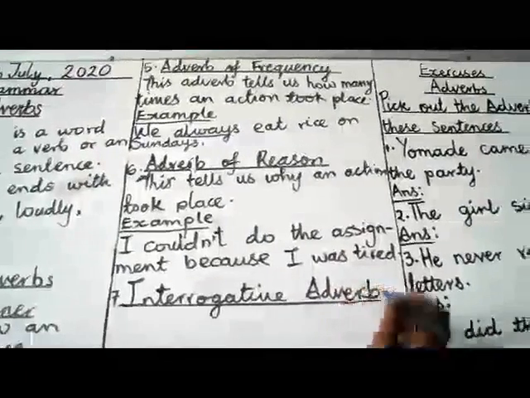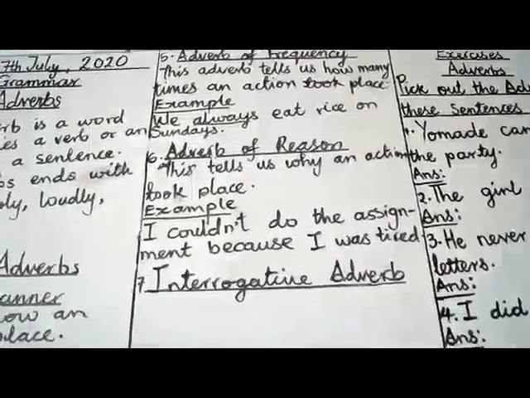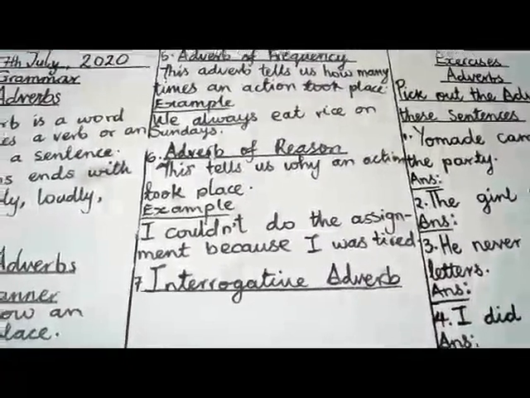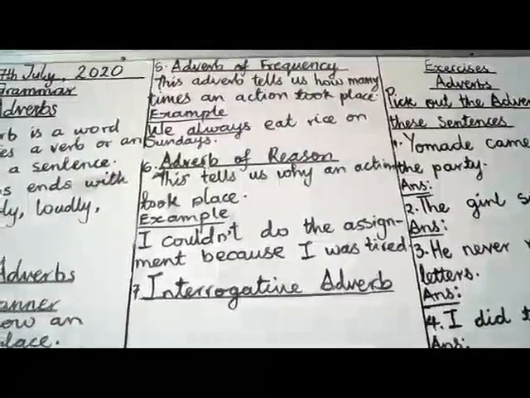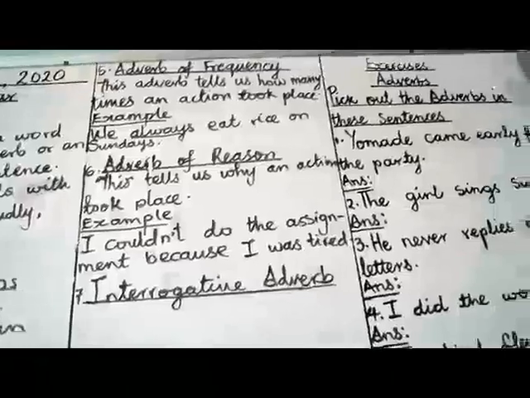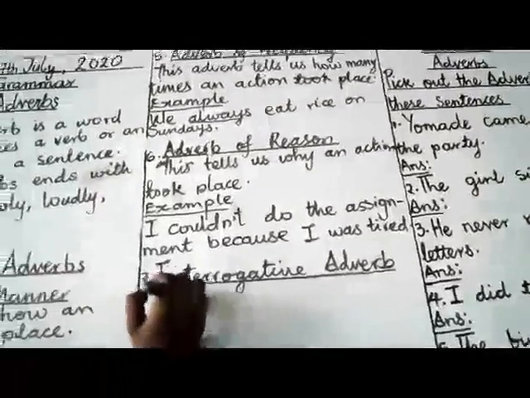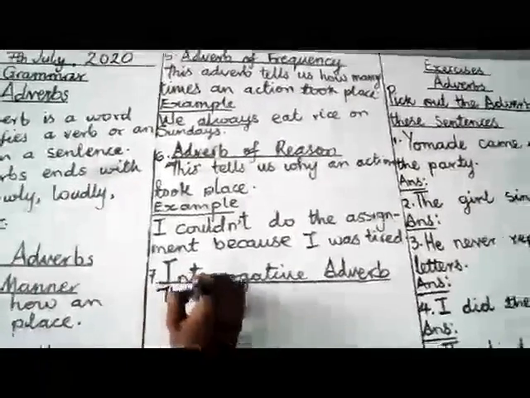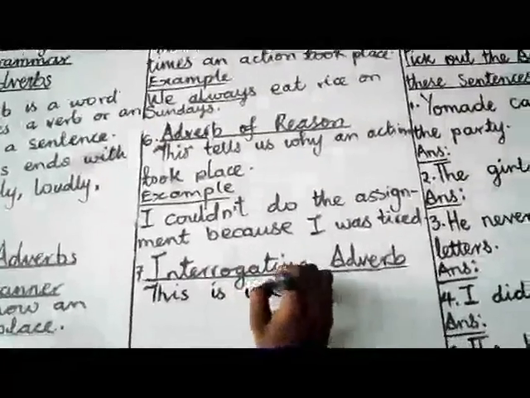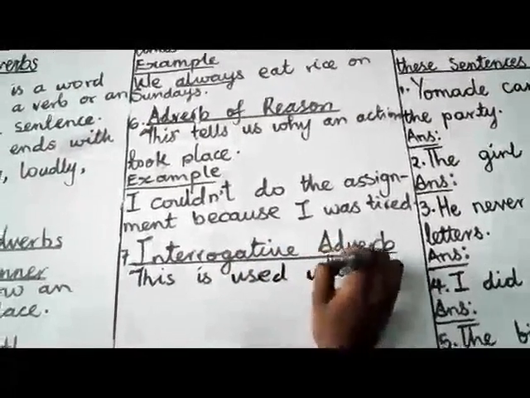The interrogative adverb. When you hear interrogative, it has to do with what? Asking of questions. The interrogative adverb is a type of adverb that asks questions. So we can say this is used when asking questions.